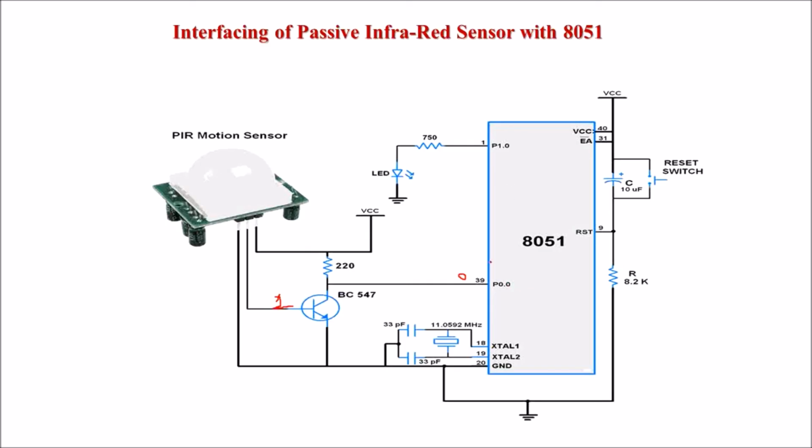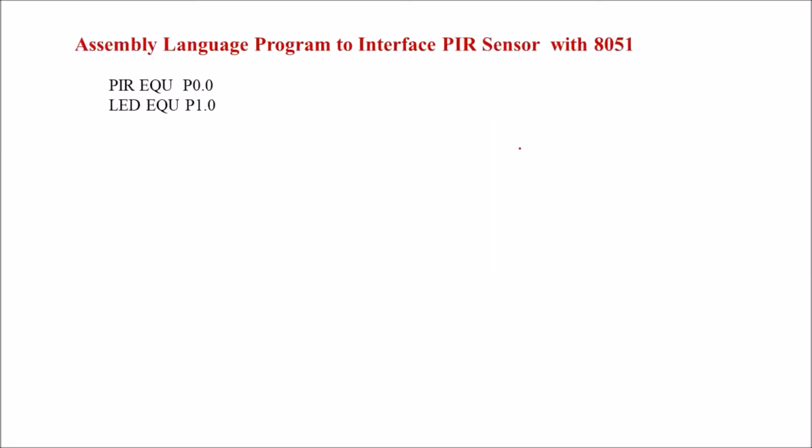Here we'll write a program such that if motion is detected, we'll turn this LED on, and if there is no motion, this LED should turn off. The PIR sensor output is connected to P0.0 and the LED is connected to P1.0. Let us write the assembly language program to interface this PIR sensor.